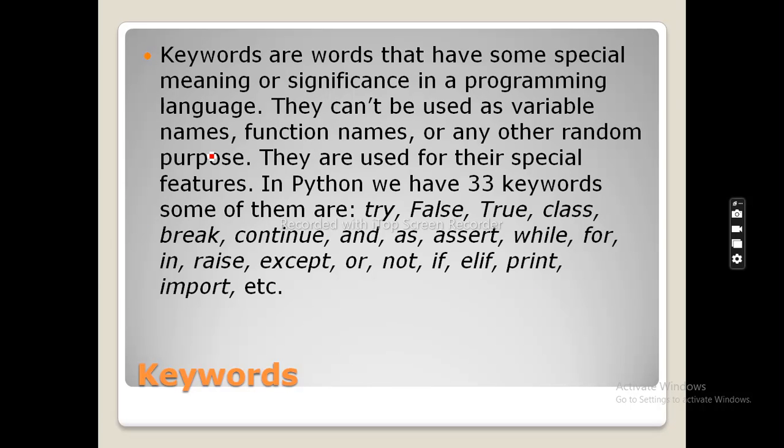What are keywords? Keywords are special words which have special meaning in programming. We will use different keywords like loops, if, else, while, do while, switch, case, default. All these are keywords, meaning all those words which we use inside programming.